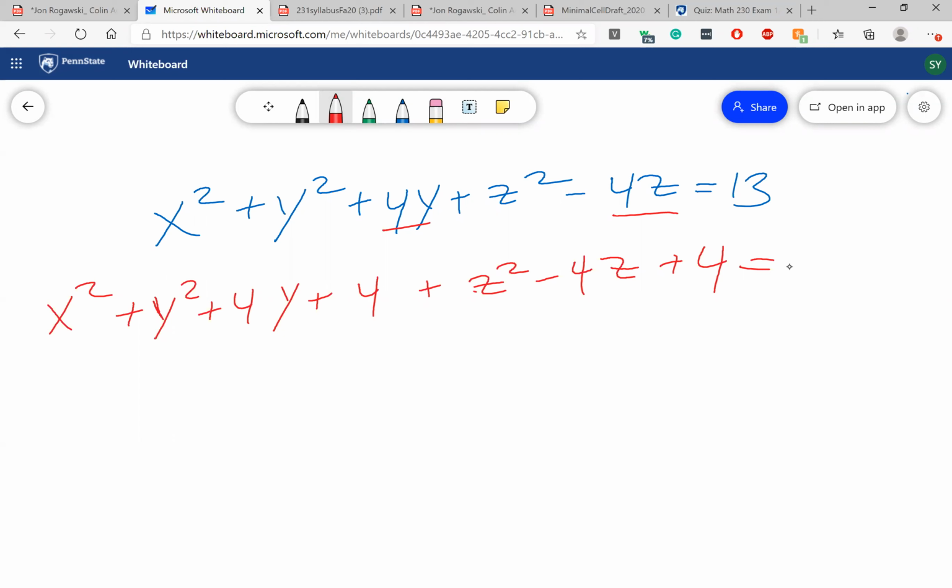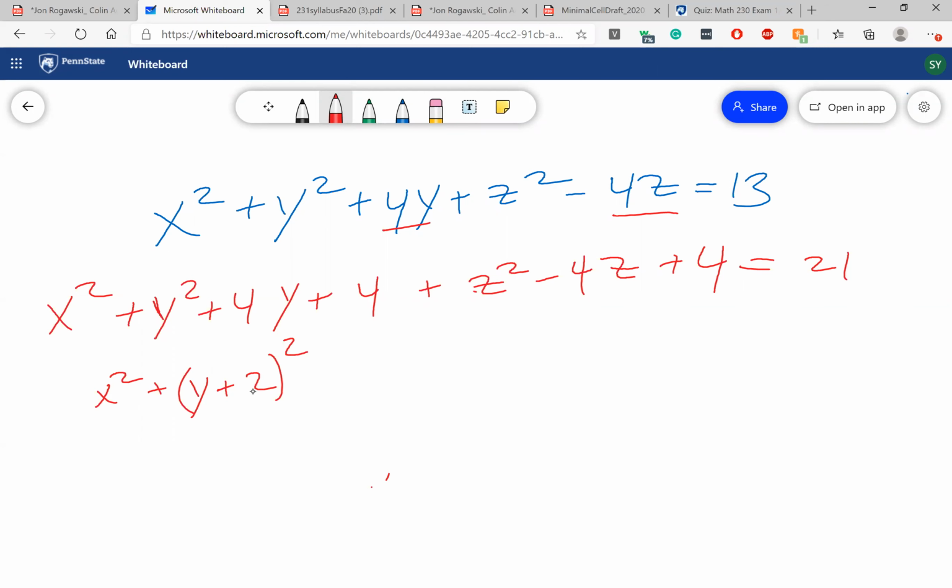Okay, and so we added 8, so this is going to be equal to 21. And so then this gives us x squared plus (y plus 2) squared, right?